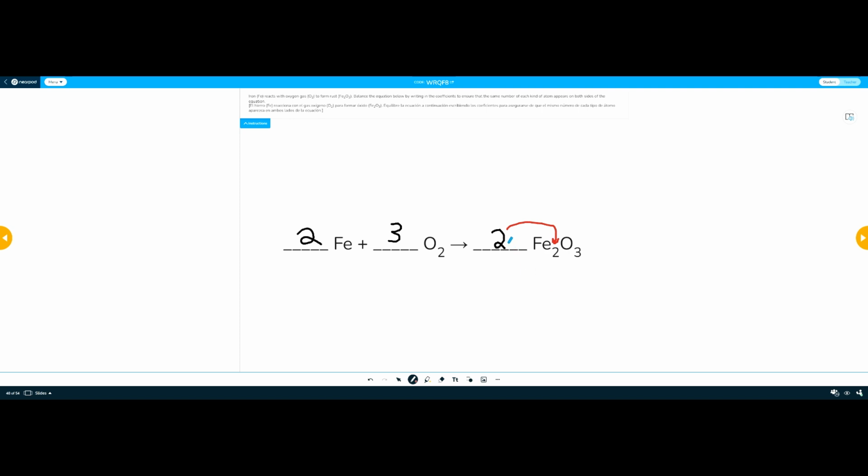That means that 2 times 2 is actually now 4. Uh-oh. So, we're going to have to fix our coefficient on the left-hand side now. And this is actually what happens when we do balancing equations.